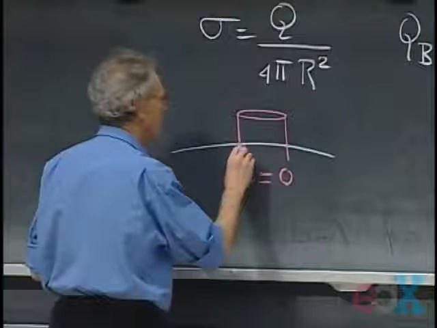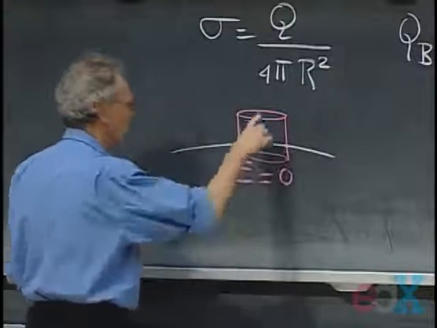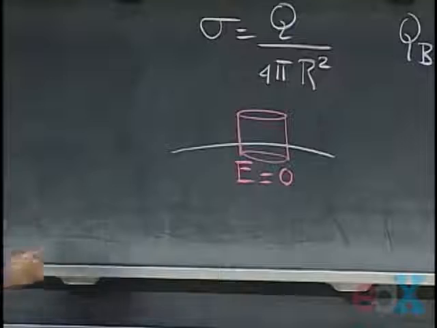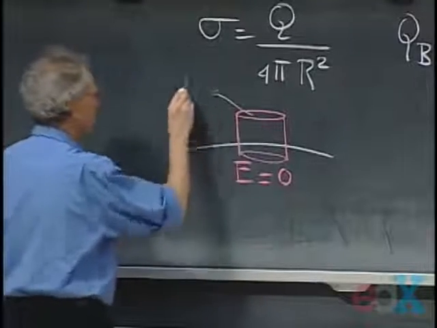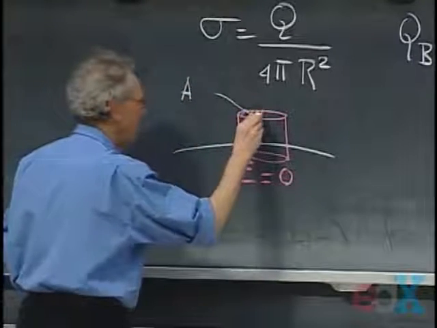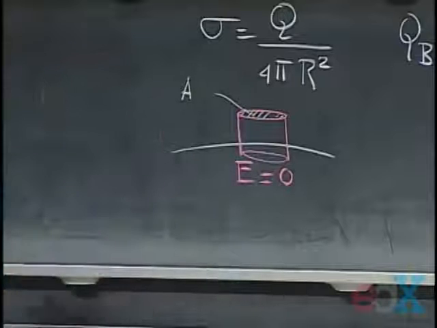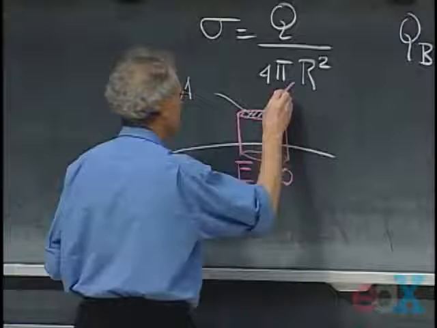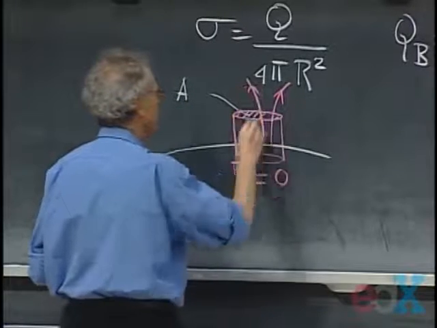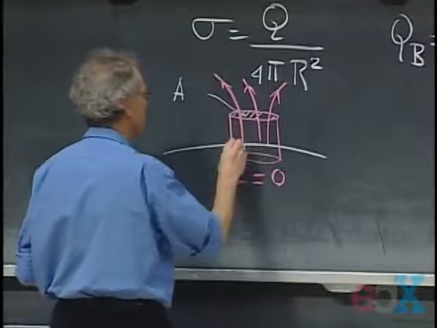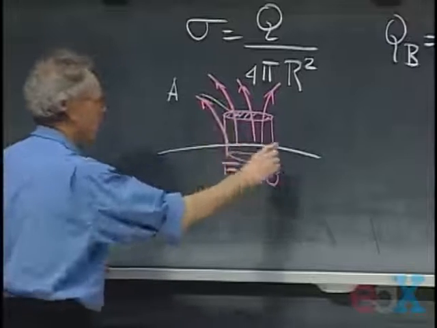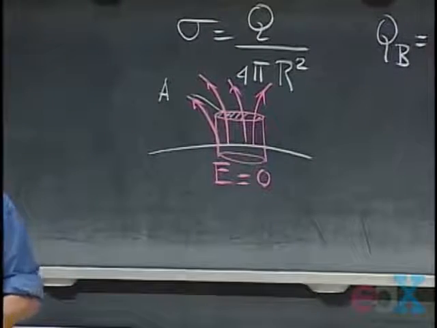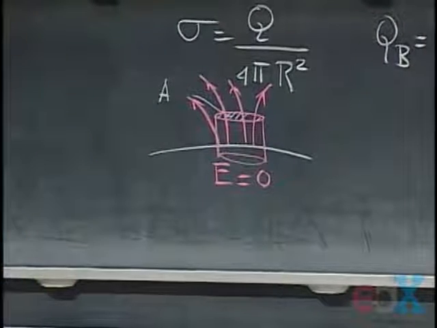I go into the conductor, and this now is my Gaussian surface. Let this area be capital A, and let's assume that it is positive charge so that the electric field lines come out of the surface like so, perpendicular to the surface, always perpendicular to the equipotential.